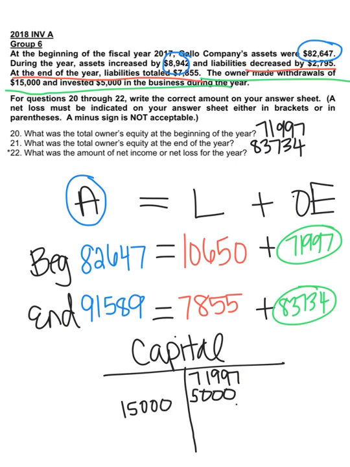Okay, I'm also going to leave a circle here for net income. I know it's probably going to be a net income since my owner's equity increased throughout the year. And then I know that my ending balance is 83,734. So we just have to find the missing piece, and that would tell me what my net income was.